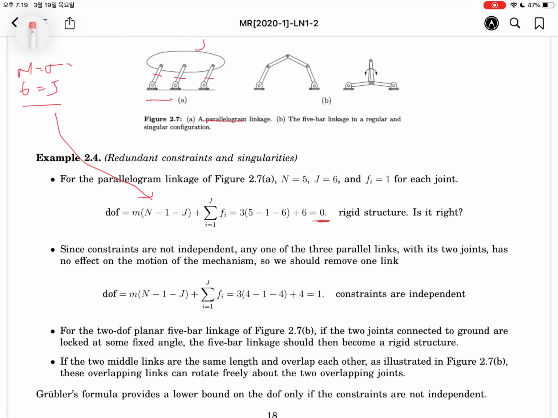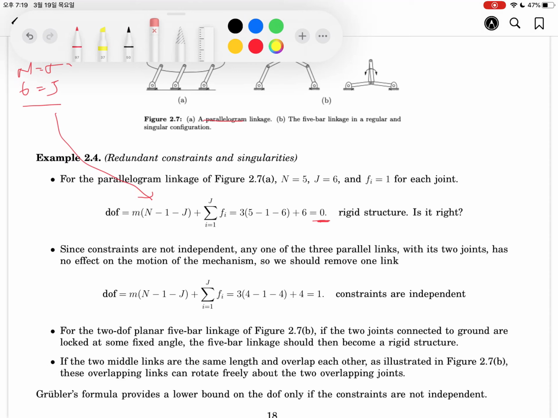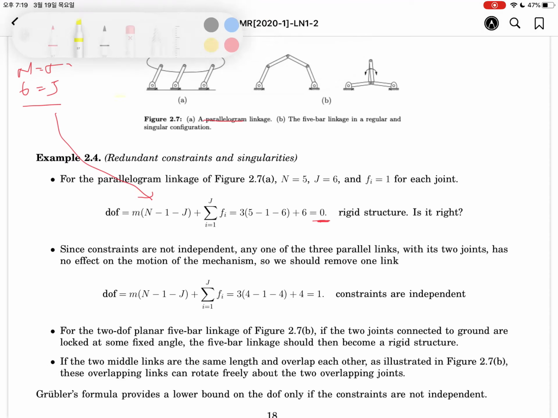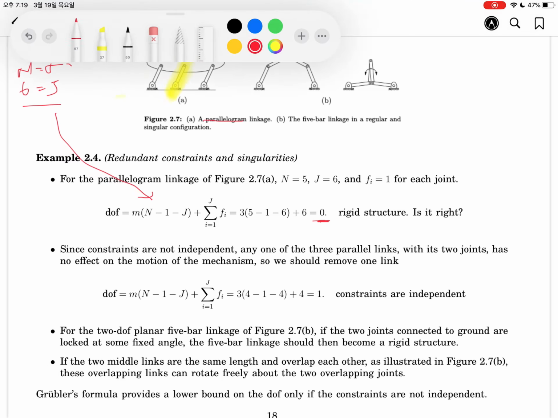Okay, let's consider if we remove this link, how about that? The same motion appears. In this case, this link does not provide any independent constraint. It means it's a dependent constraint. So in this case, we can remove this part.